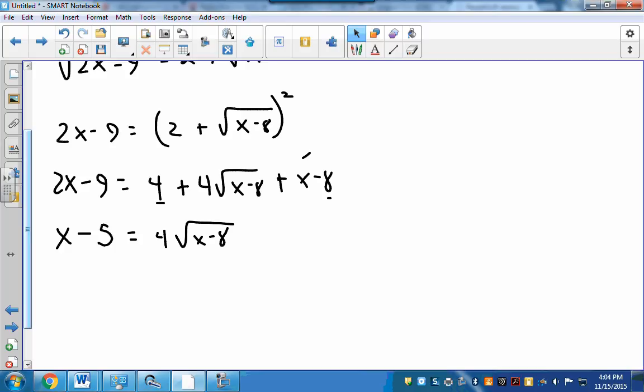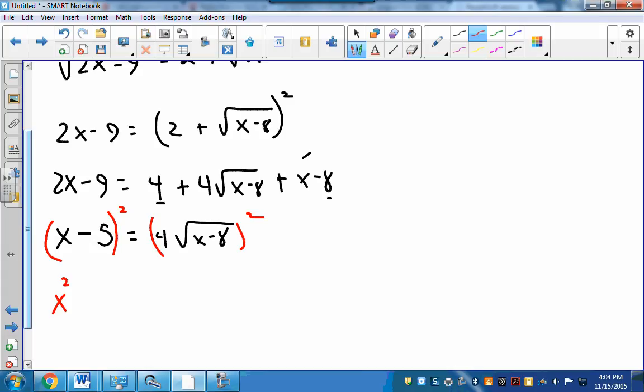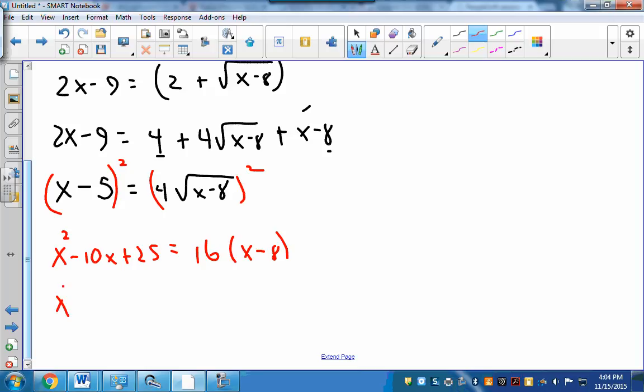Okay, square both sides again. I'll put parentheses here to make sure I square. I have x squared minus 10x plus 25. And squaring the 4 is 16, and squaring the x minus 8 radical is x minus 8 without the radical. Okay, so I have x squared minus 10x plus 25 is 16x.